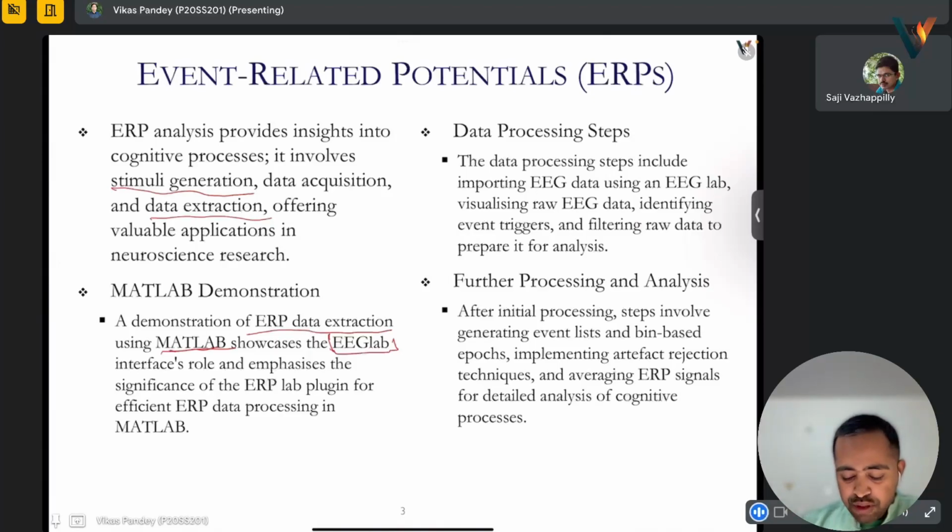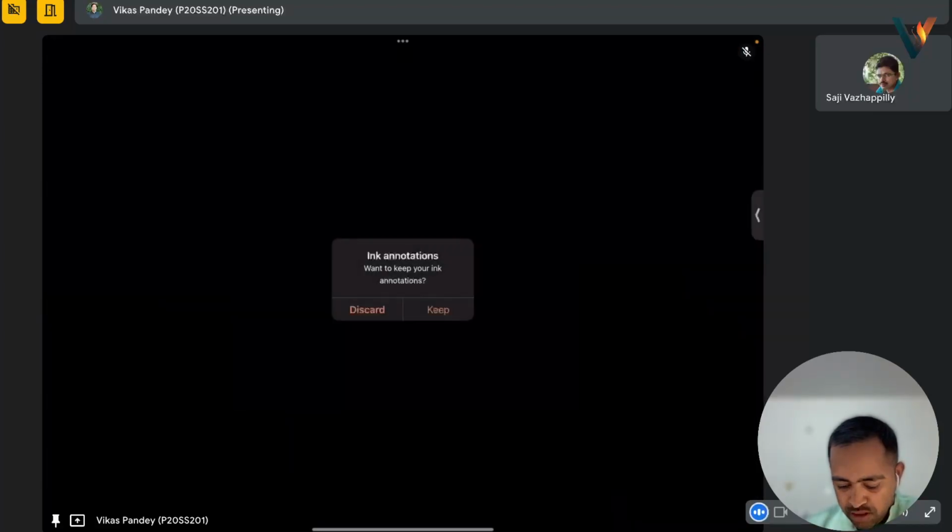Okay, and for this we were using the EEG, not ERP, but EEGLAB plugin. Why has it become ERP? Autocorrect. This is not ERP, it is EEG. I think I should correct it.